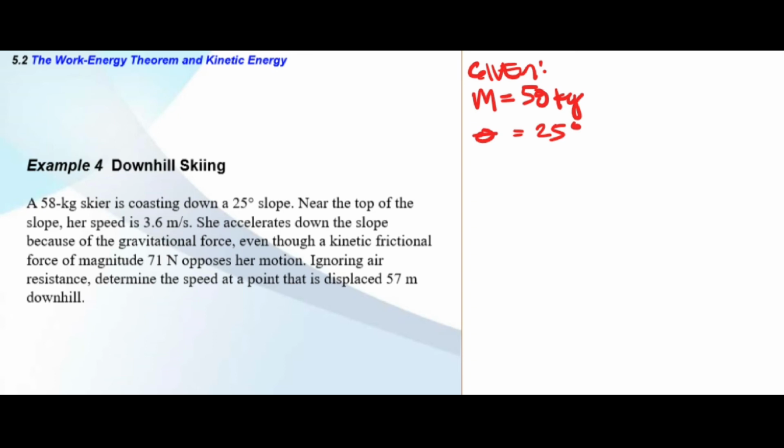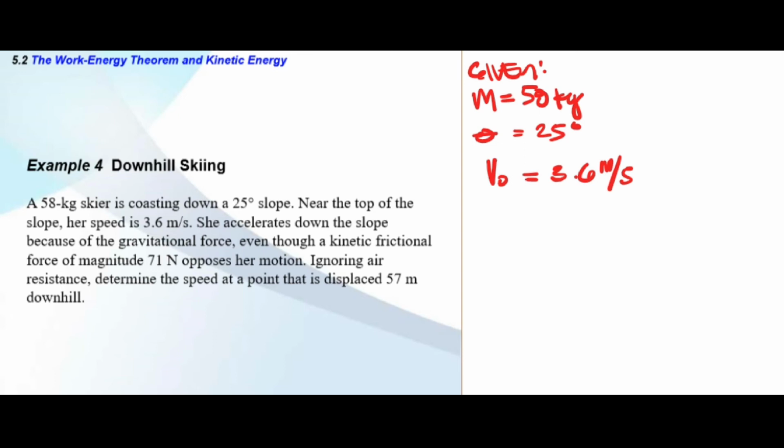Near the top of the slope, her speed is 3.6 meters per second. So let's assume this is her initial velocity at the top of the slope, 3.6 meters per second.